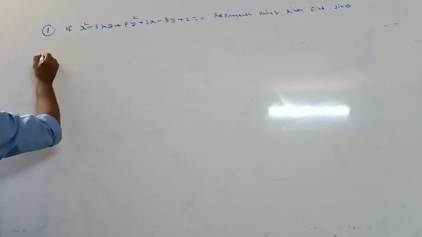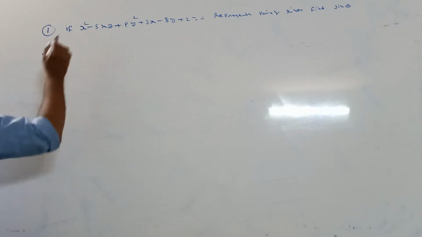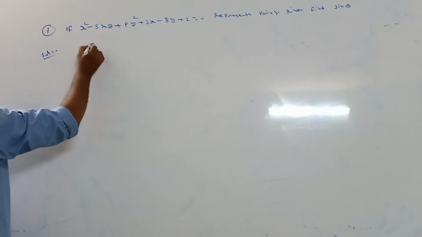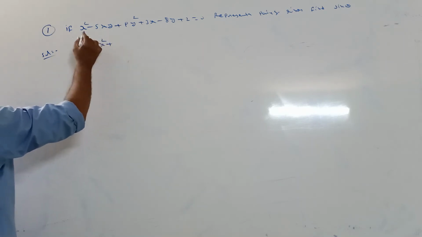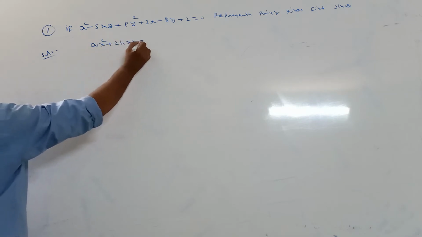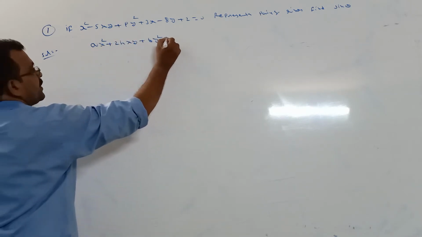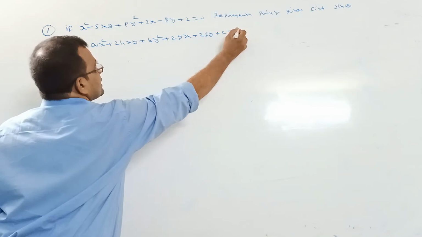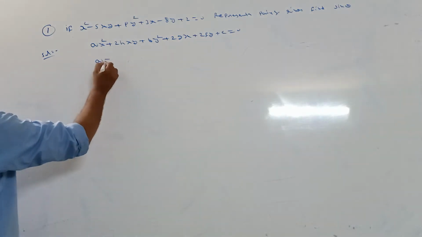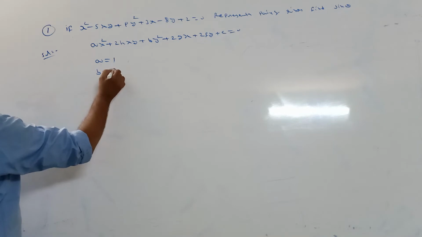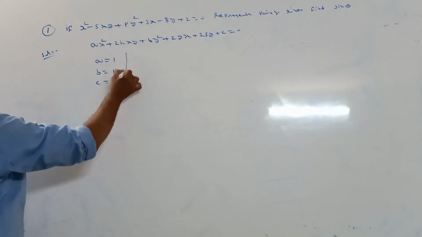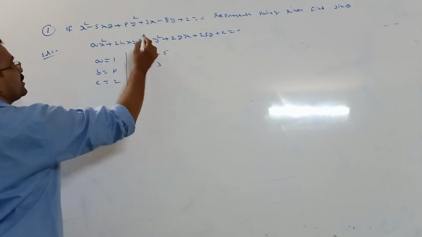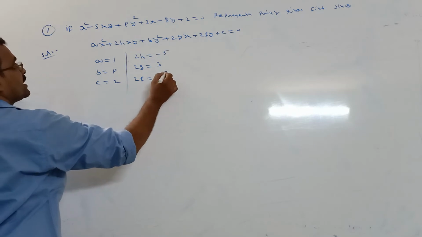So in this pair of lines we have one unknown value, that is p. Now you should equate with the standard form of the non-homogeneous equation, ax square plus 2hxy plus by square plus 2gx plus 2fy plus c equal to 0. So a value is 1, b value is p, c value is 2. Next, 2h equal to minus 5, 2g equal to 3, 2f equal to minus 8.